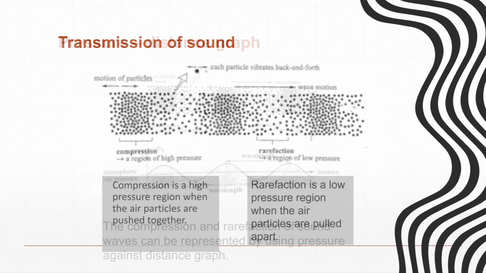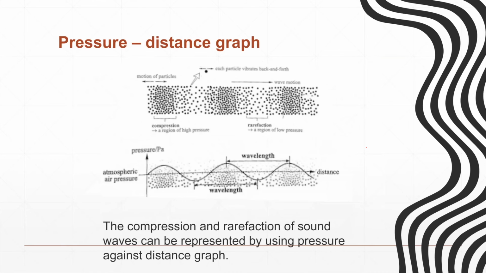So this is done. Then you have the sound graph. It's a pressure-distance graph. Then it gets converted into a sine graph like this.